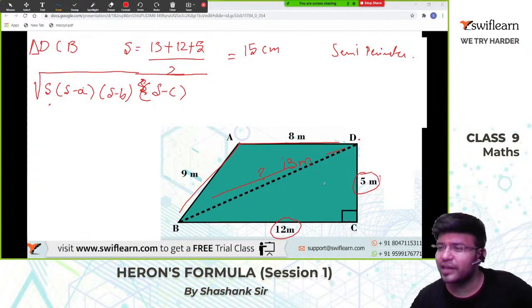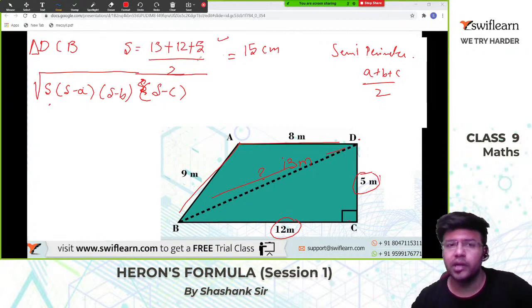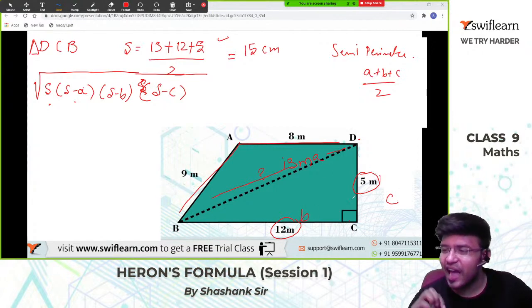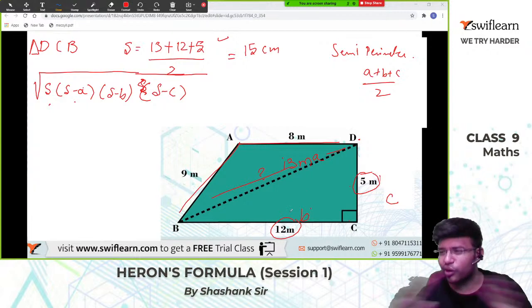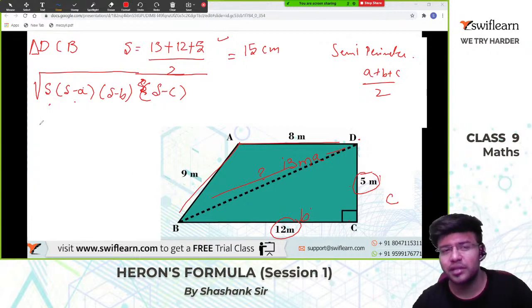Add all the sides of the triangle and divide by 2. A, B, C are the sides of the triangle. You can take A, B, C in any order. The answer will be the same.